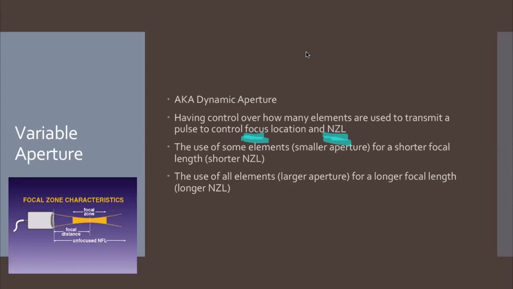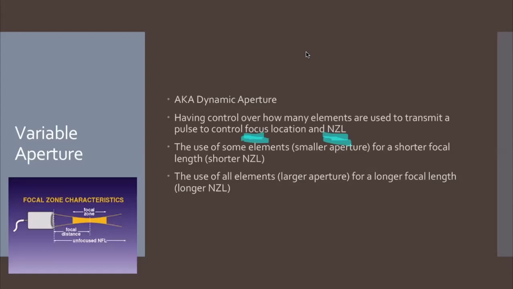And the main idea is there, right? When we're talking about variable aperture, our focus and near zone length, you have to be able to know that that's why we're using them, to change the level of the focus and change the level of the near zone length. So in the future, you might be the lead ultrasound tech, or you may own your own ultrasound facility. And people are going to come around and try to sell you different transducers and different machines.